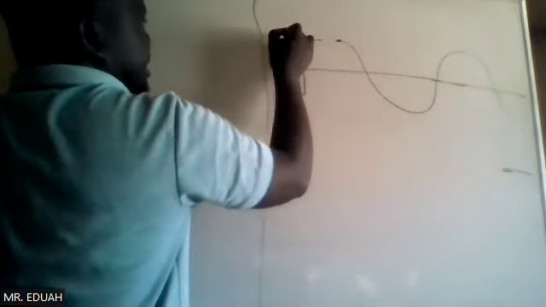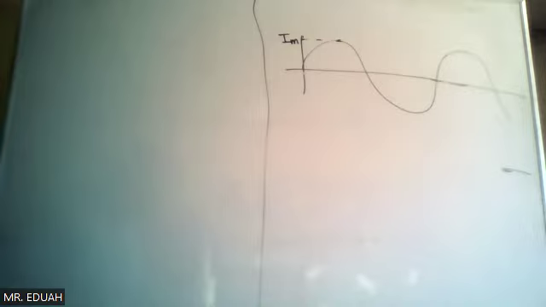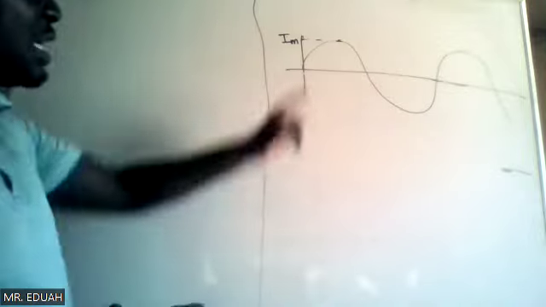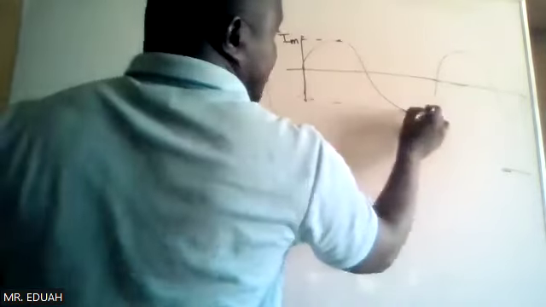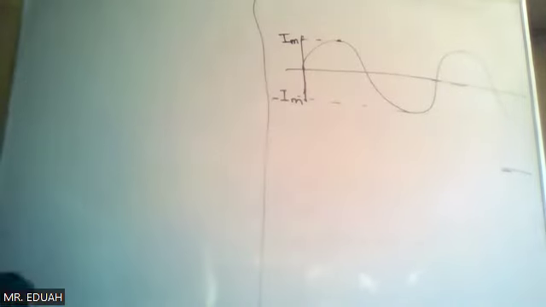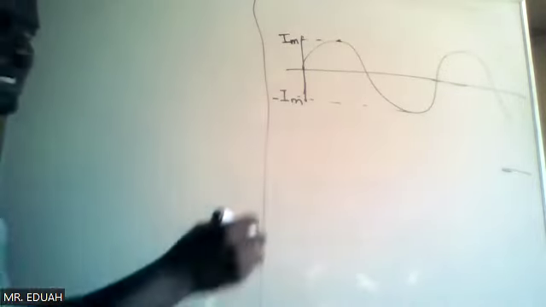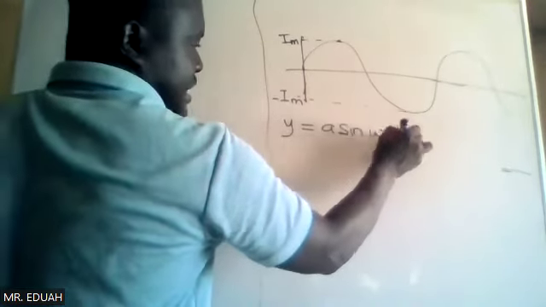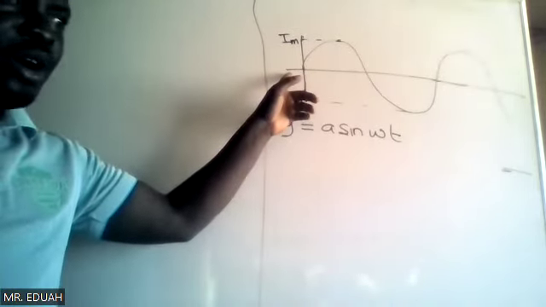This is the peak, or the peak current. In the displacement equation of a body executing SHM, we said this is the amplitude. But in terms of current, this is the peak current or the maximum current. In simple harmonic motion, displacement is given by y = A sin ωt, when starting from the origin.